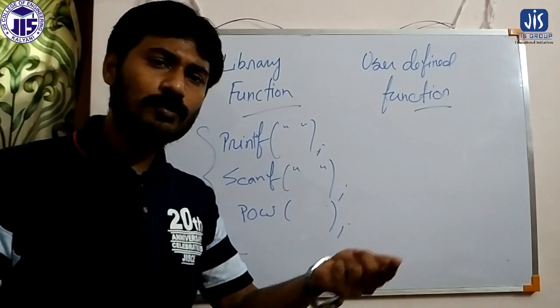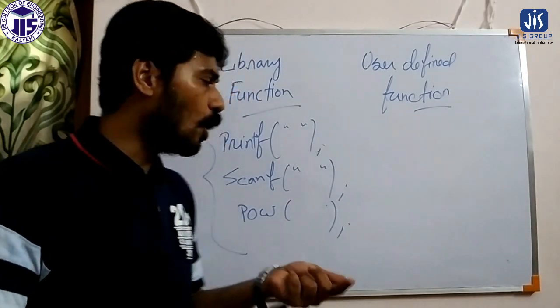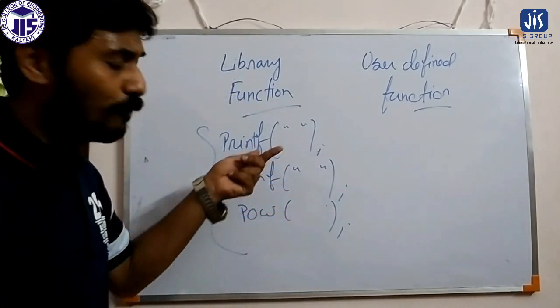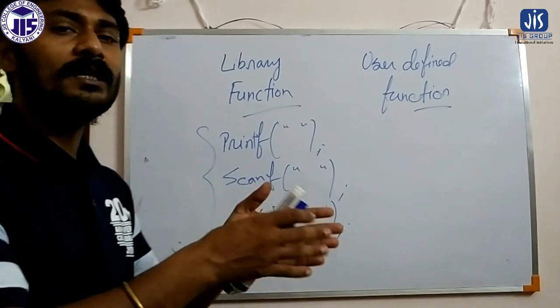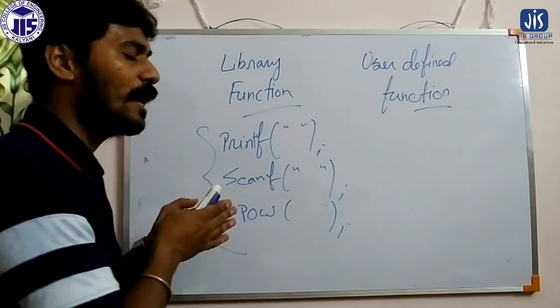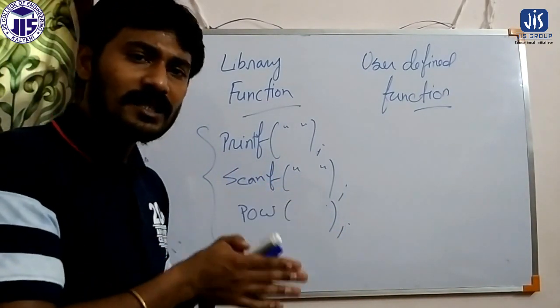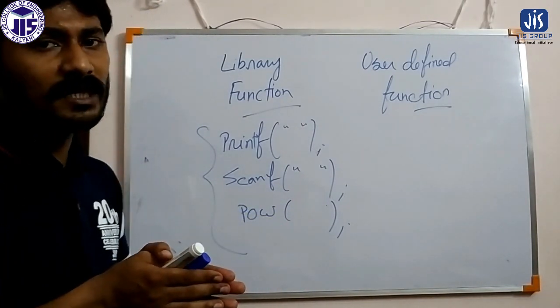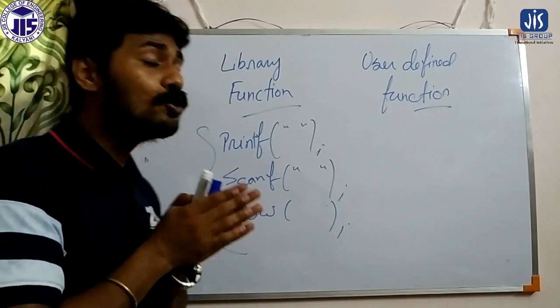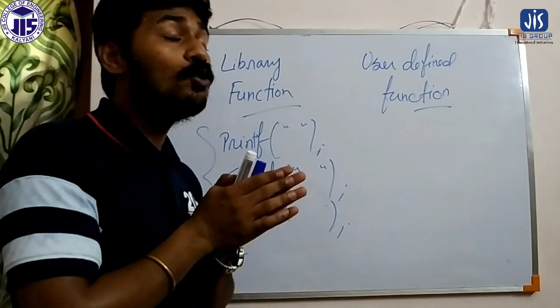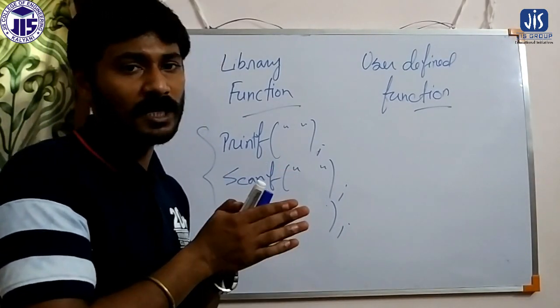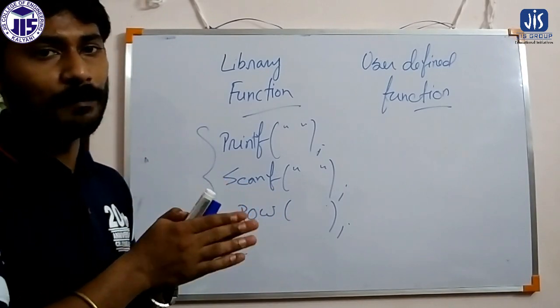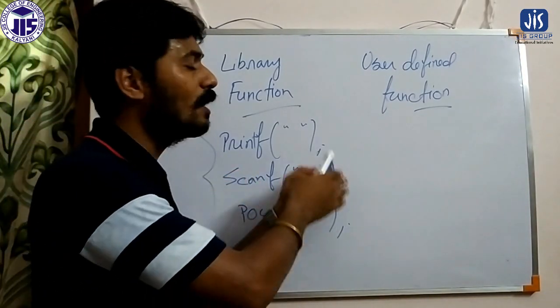In a single sentence, the definition of the function is written within the library. We cannot change the syntax of a library function in our program. We have to follow the definition which is already defined in the library. That's why these functions are called library functions.